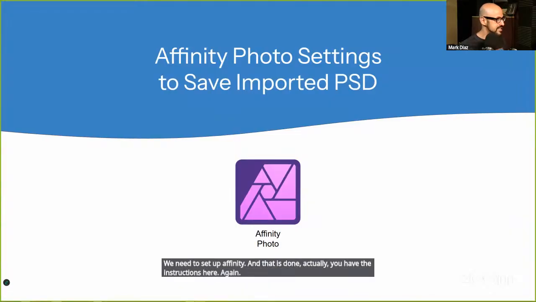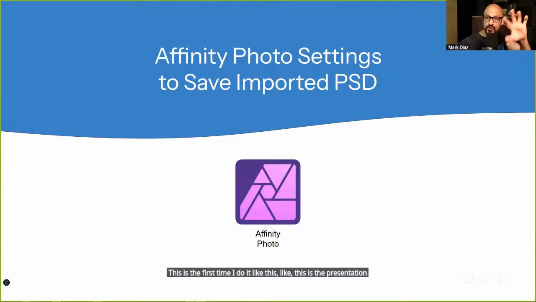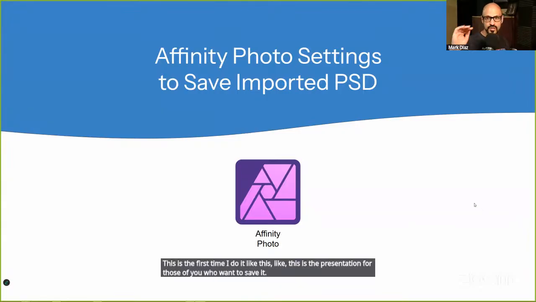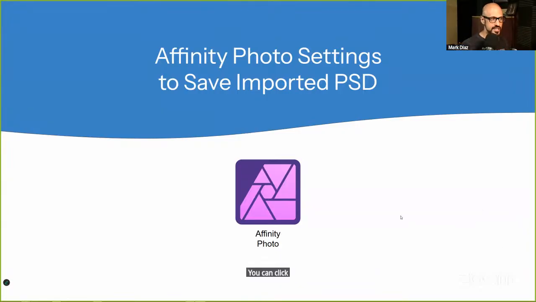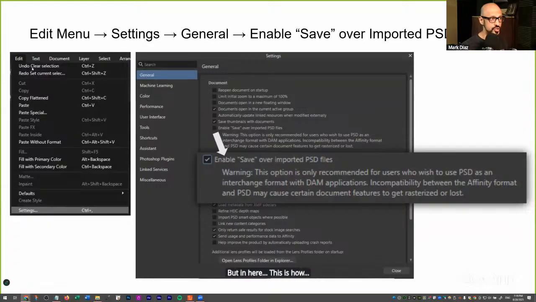Again, this is the first time I do it like this. This is the presentation for those of you who want to save it. You can click that link and then you will have access. But in here, this is how we do it. We go to the edit menu and then settings. And then in settings, right there in general, you click on enable save over imported PSD files.